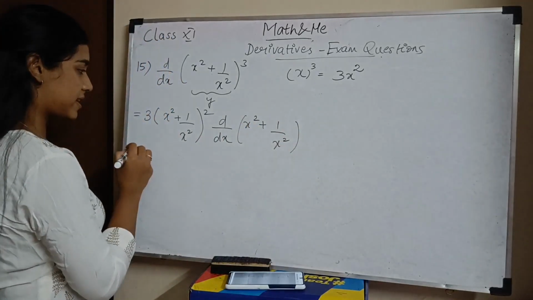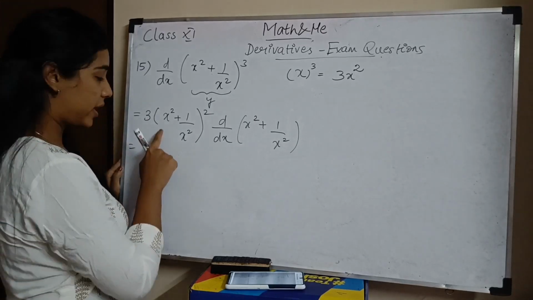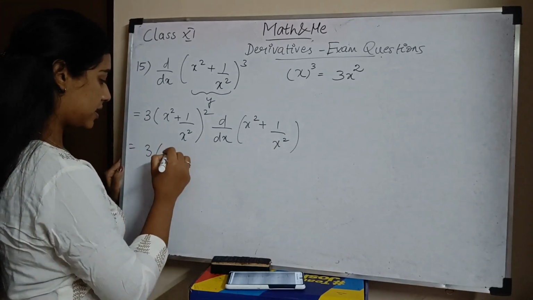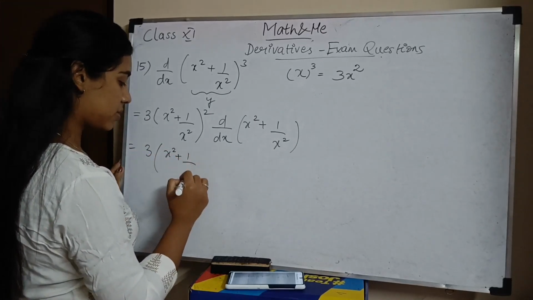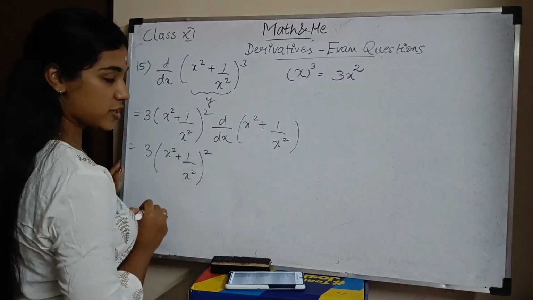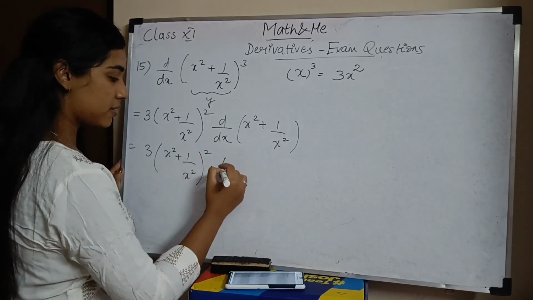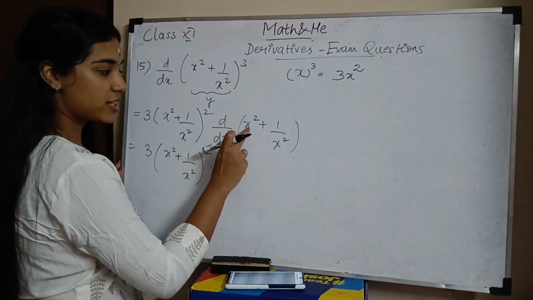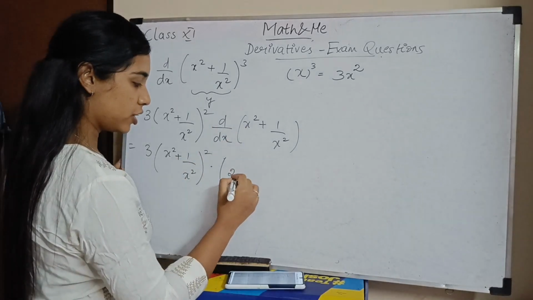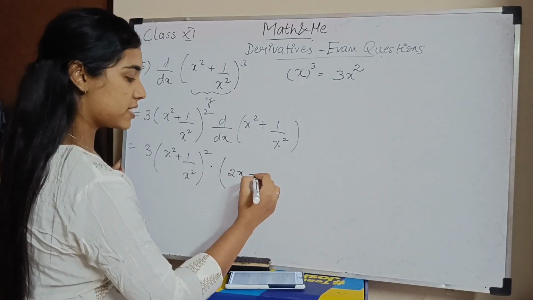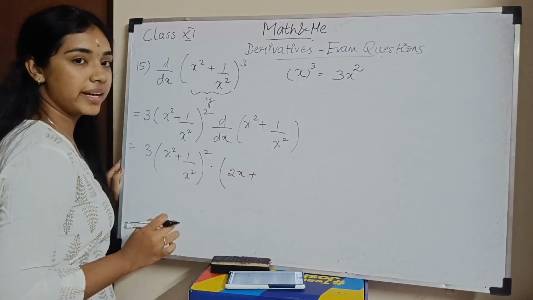So what is your next step? Write this down as 3 times (x square plus 1 by x square) the whole square times, what is d by dx of x square? 2x, plus what is d by dx of 1 by x square?